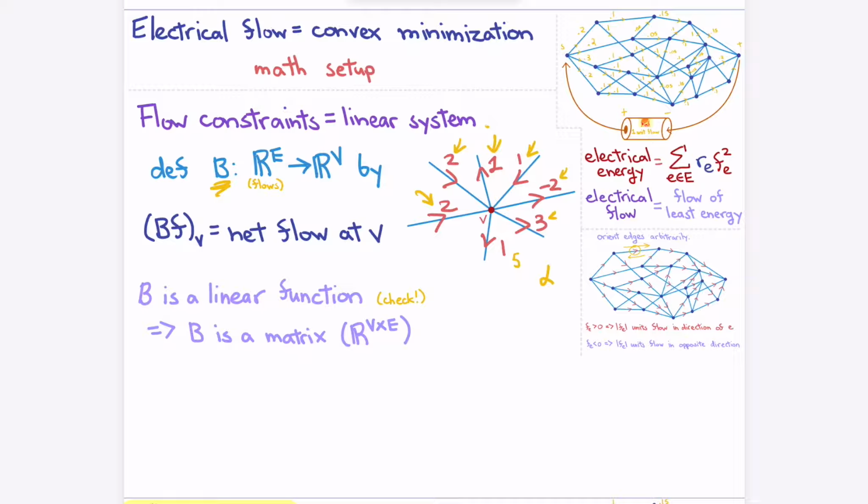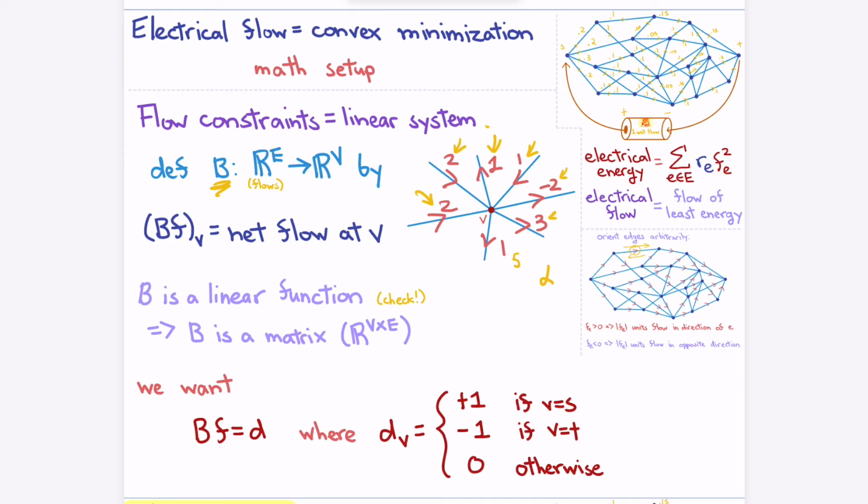Okay. And so what we want is to choose some vector f that's assigning values to all the edges. We interpret that as flow, but it should be sending one unit of flow out of S and one unit of flow into T. But the only point I really want to make is it's just a linear constraint, which from a math point of view is like the simplest kind of non-trivial thing.